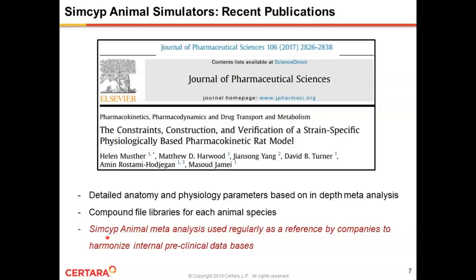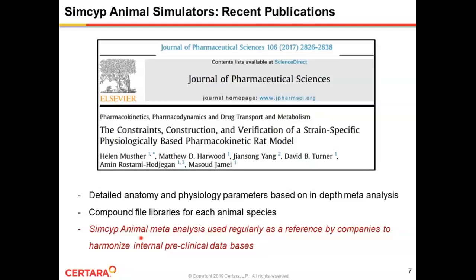And I highlight here because based on this last point here, due to the in-depth meta-analysis that undergoes in building each of our animal models or even the human model, more and more pharmaceutical companies are now coming back to us wanting to know the kind of meta-analysis that we do, and they are basically harmonizing their internal preclinical databases based on the meta-analysis of each and every physiological and anatomical value that we are using in our simulators.